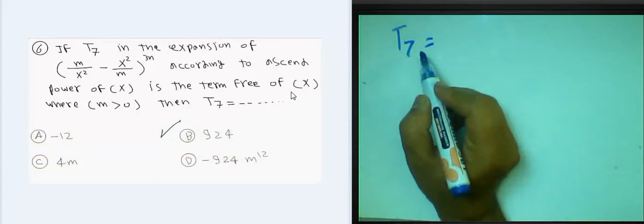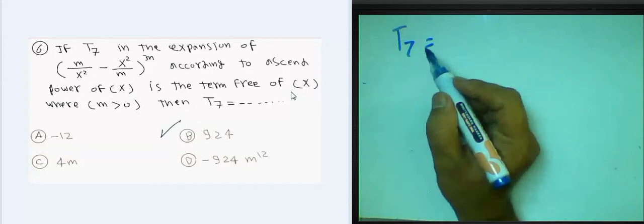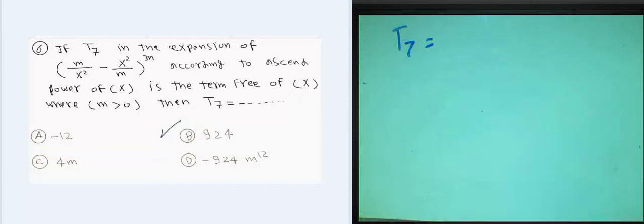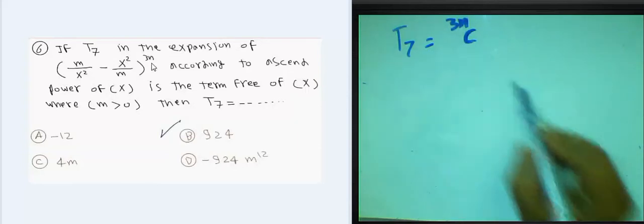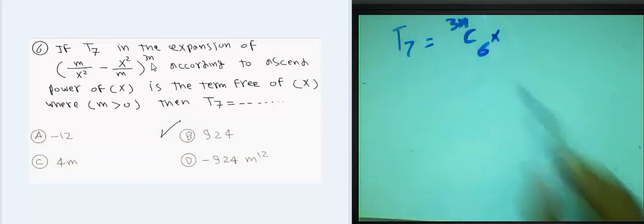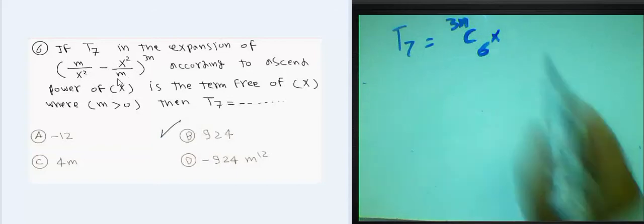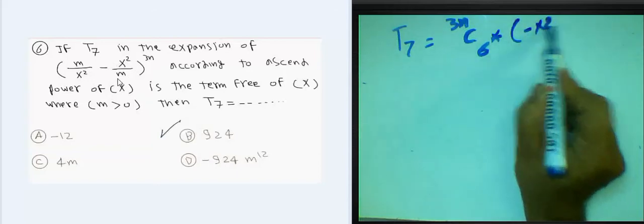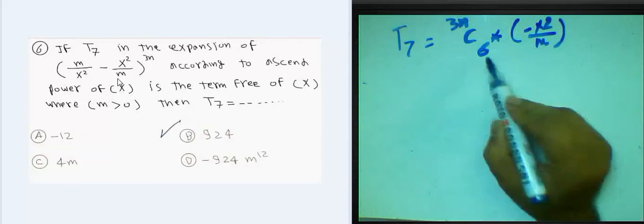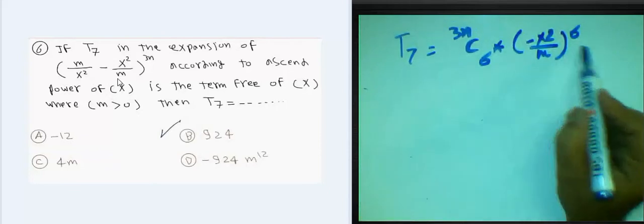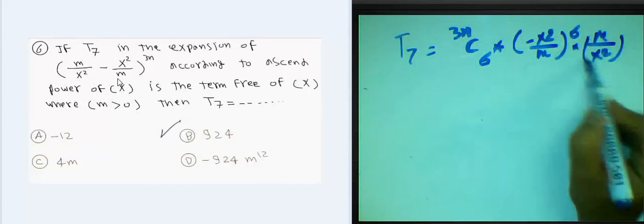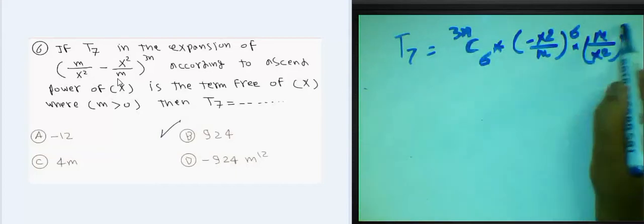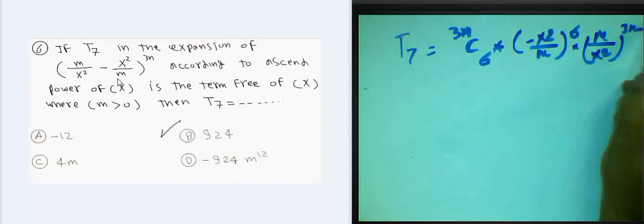Term 7: we write the power 3n. Look here, on the left-hand side 3n combination 6, multiplied by the second term negative x power 2 over m, power 6, multiplied by the first term m over x power 2, to the power of the difference between 3n and 6, right? 3n minus 6.